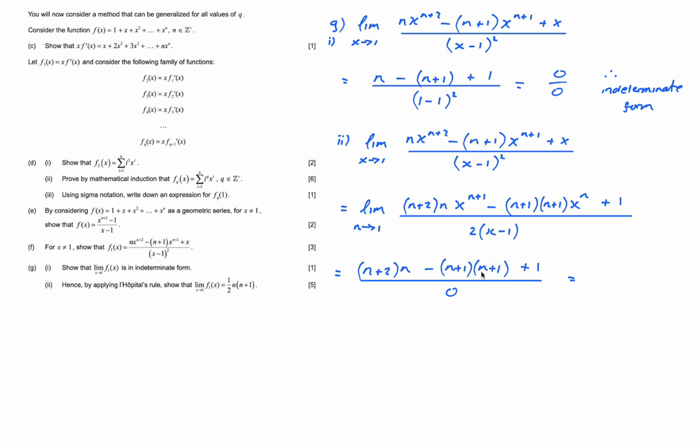If you multiply that out, guys, I did that very quickly in my head, but if you were to multiply that out, you get 0. So this is 0 over 0, which means we have to differentiate again.